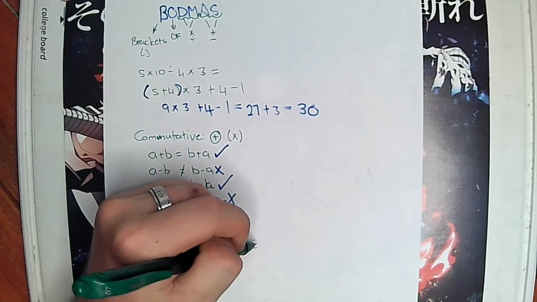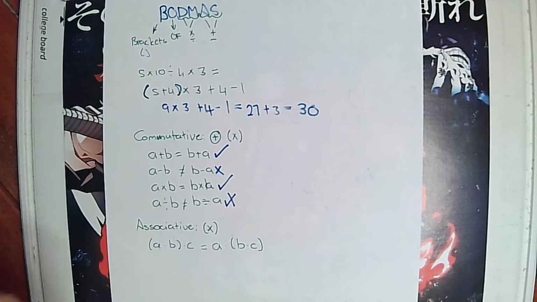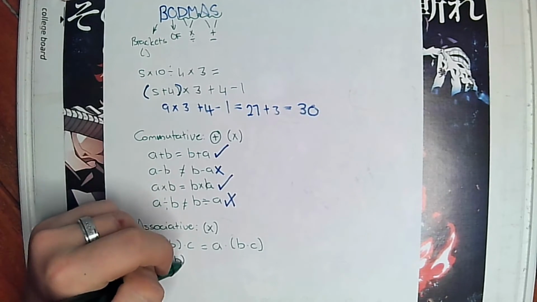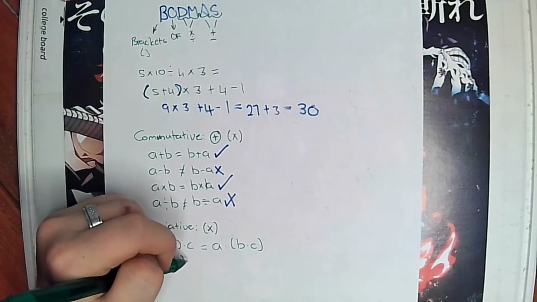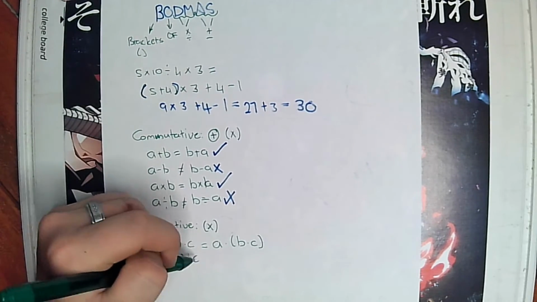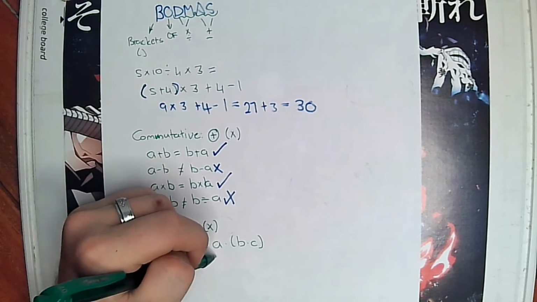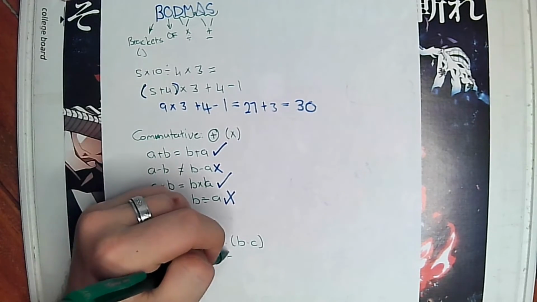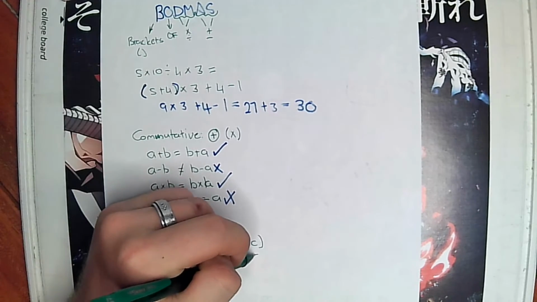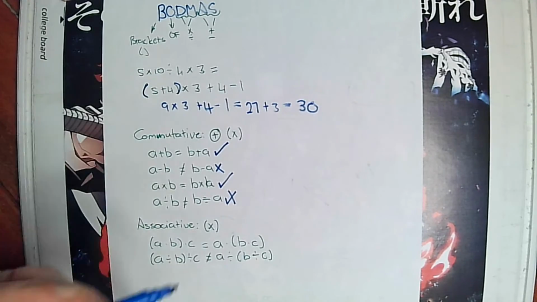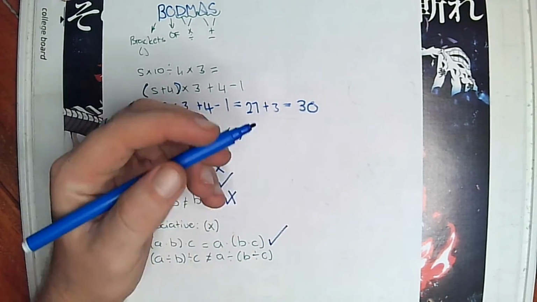But I can't say that A divided by B, divided by C is equal to, let's say, A divided by (B divided by C). That's not true. These are not equal to each other. So the associative law holds for multiplication, not for division.